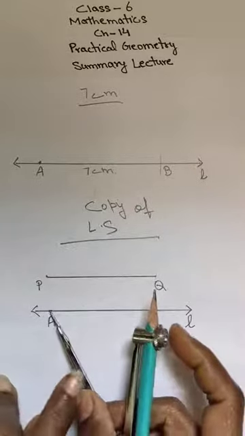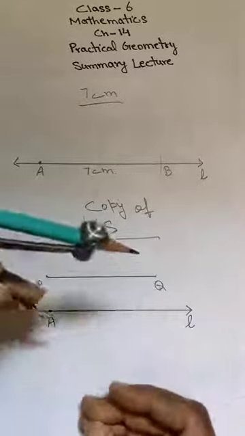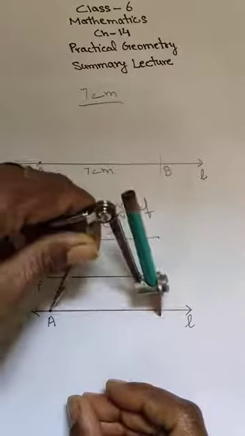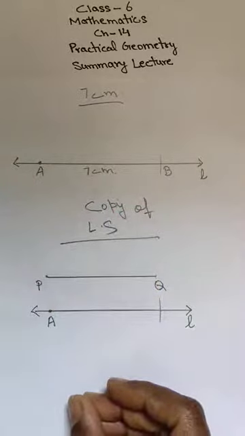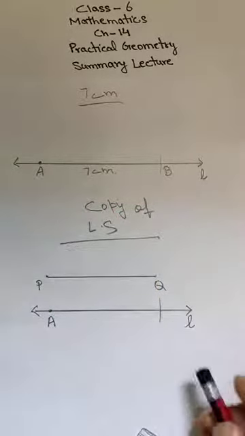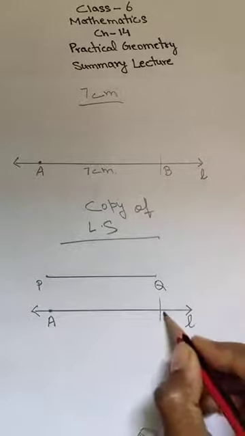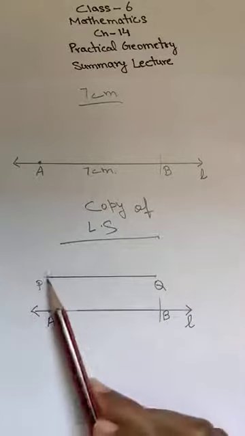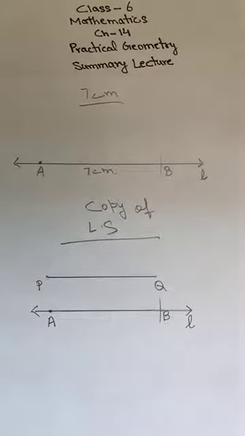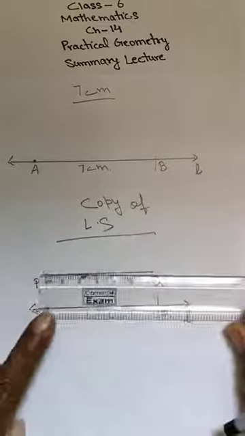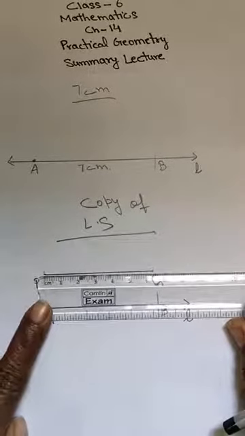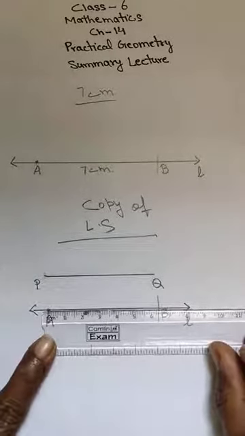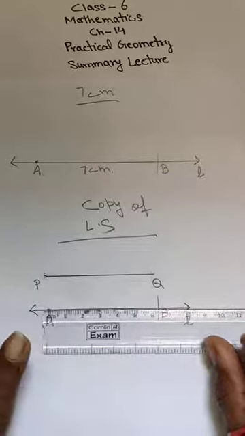Place the pointer of the compass at A and draw an arc which cuts line L at B. This line segment AB is the copy of PQ. You can check it also. PQ is 6.3 centimeter. Now measure AB. It is also 6.3 centimeter.